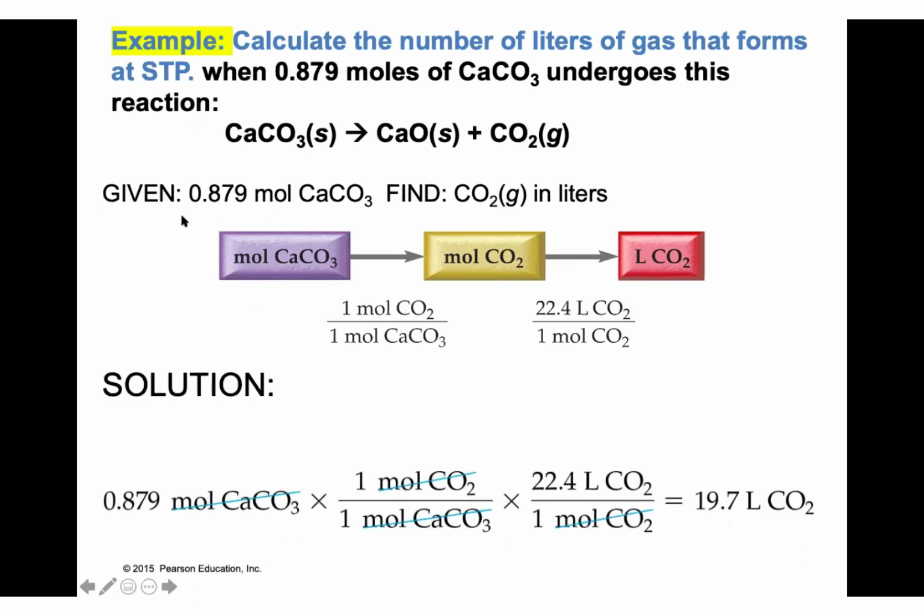So I start with the given number of CaCO3. I use the coefficients. Sometimes you are lucky and it is a 1-to-1 ratio, as you see here, after we balance it. And then I know that 1 mole of each gas, here CO2, equals 22.4.